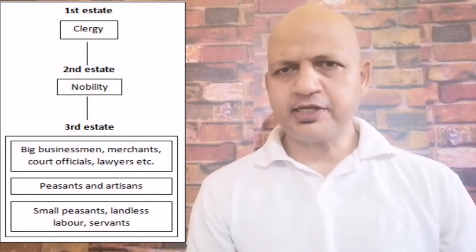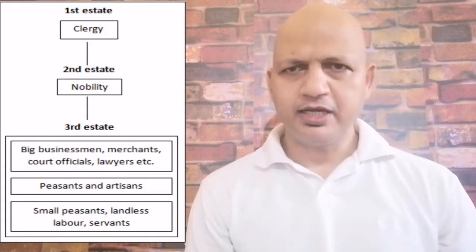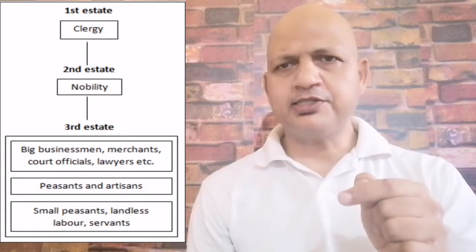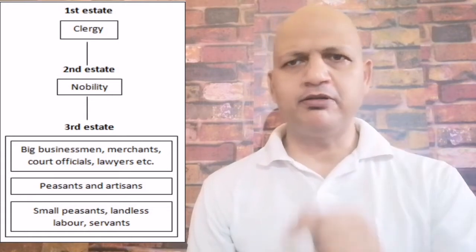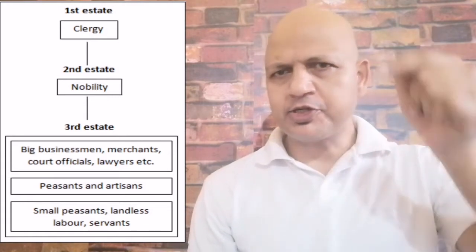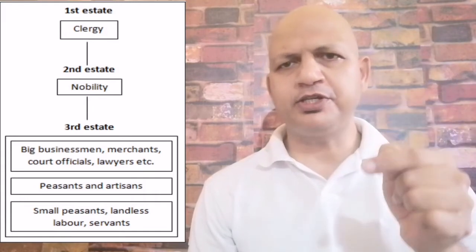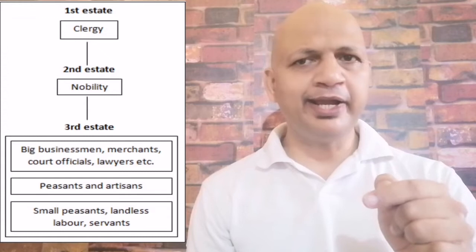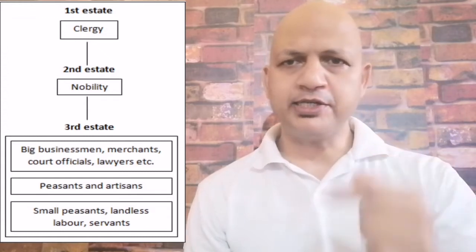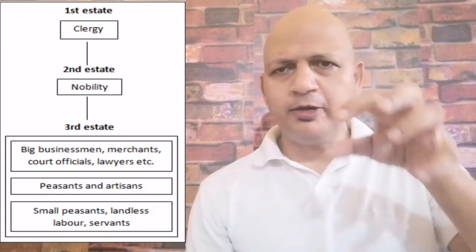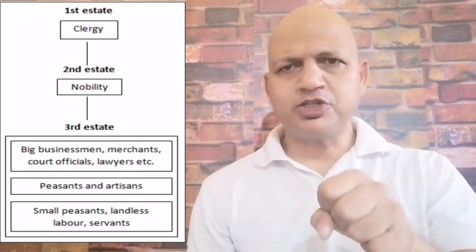The second estate consisted of the nobility, and the third estate consisted of all the common people. The problem with this structure was that the first two estates had privileges. They also did not pay any tax to the state, whereas all the burden of taxation was borne by the members of the third estate.